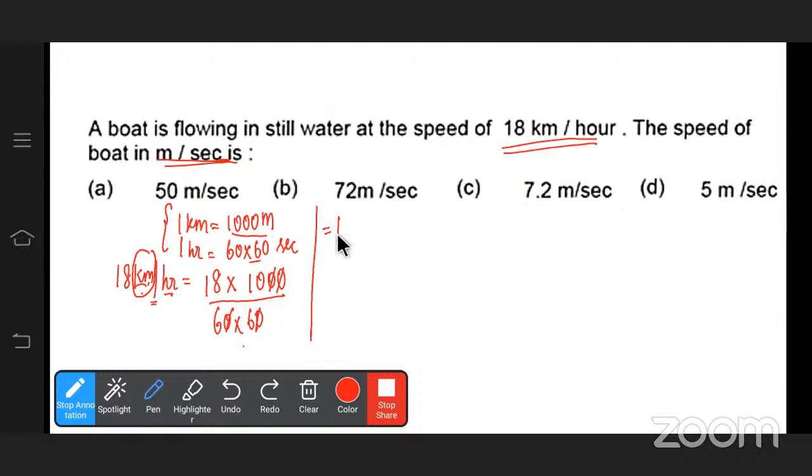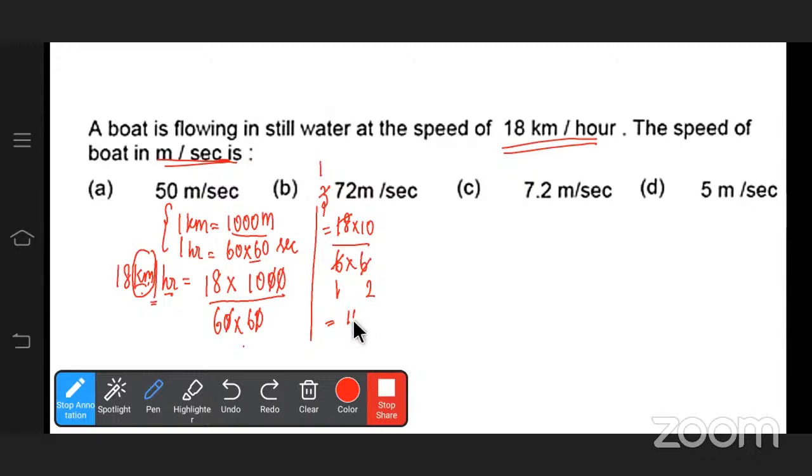Next, remaining what will be there? 18 into 10 divided by 6 into 6, right? So 18 by 6, in which table do we get it? 6 table. So 1 6 are 6, 3 6 are 18. Okay. So again 3 by 6, in which table? 3 table. So 1 3s are 3, 2 3s are 6, right?